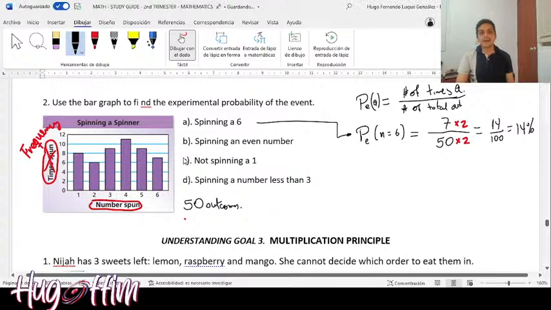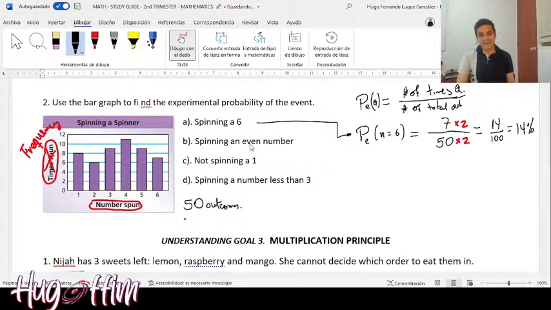Now spinning an even number. So I'm going to do A and B and let you do C and D. Okay? Spinning an even number. So P of E equals N even. Actually, in technology, if you follow something about programs and how to program, there's a way to put this in terms that it will be divisible by 2, but I actually forgot how to do it.